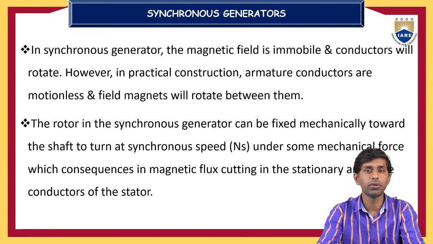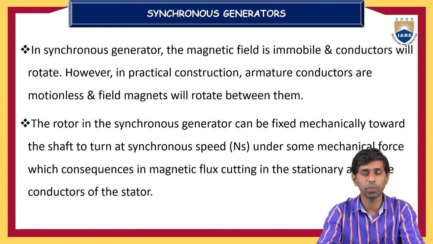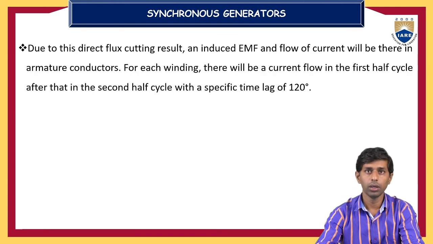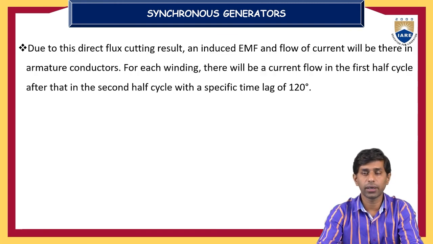The direction of the induced EMF in the conductor we can easily find out by Fleming's laws. In the synchronous generator, the magnetic field is rotating and the armature winding is stationary. Due to this direct flux cutting, an induced EMF and a flow of current will be there in the armature conductors.